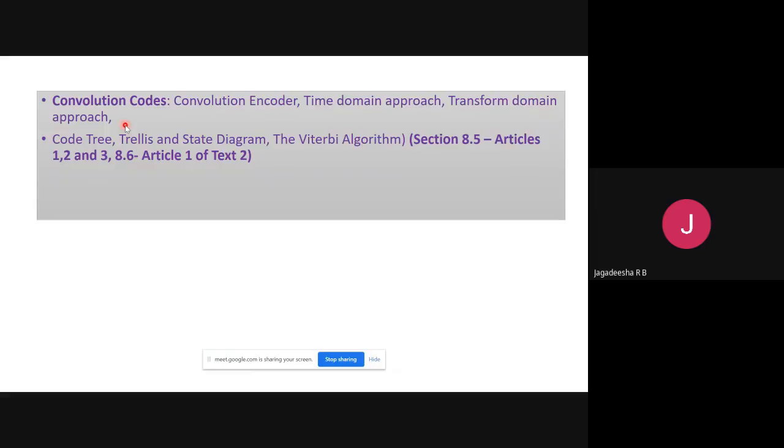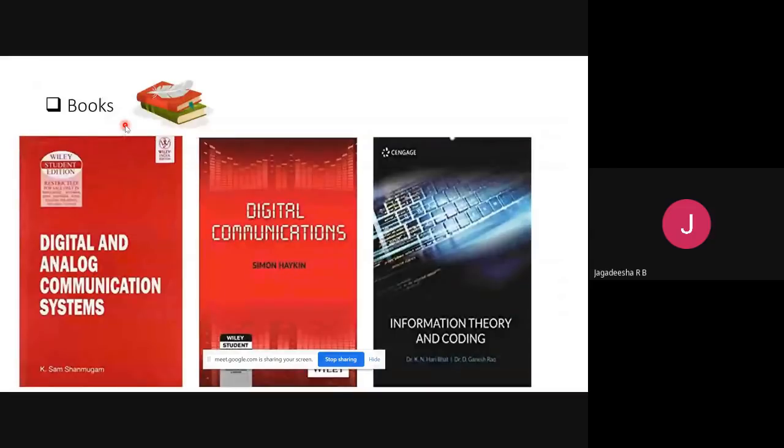Regarding the course material, that is mainly books, which books you need to refer. The key book will be Digital and Analog Communication Systems by Kumarasamy Sam Shanmugam. And the second book is Digital Communications by Simon Haykin. Both these books are from Wiley Publishers.